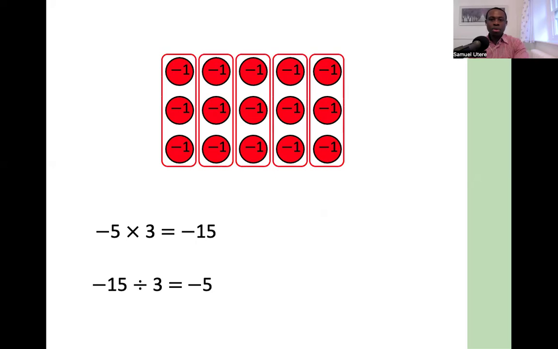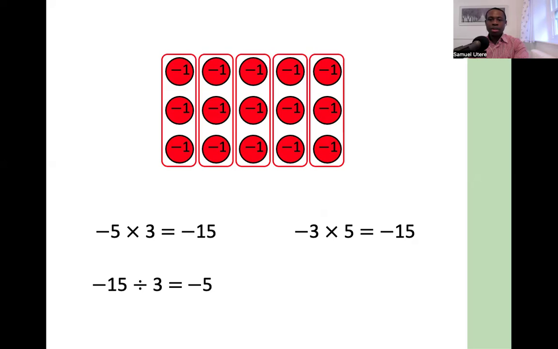We can also regroup this to have 5 groups of negative 3 each, which will give us negative 15 in total. So this calculation can be represented as negative 3 times 5.